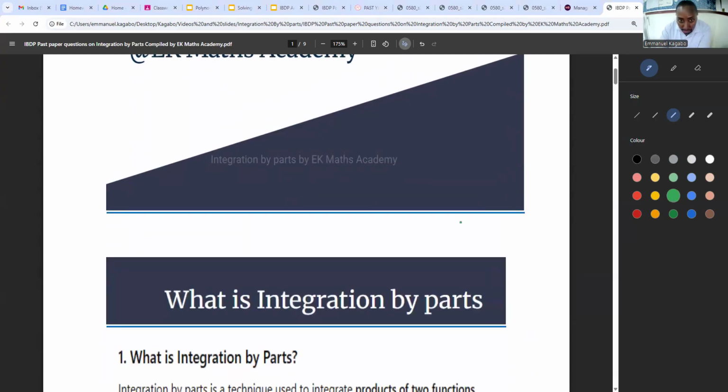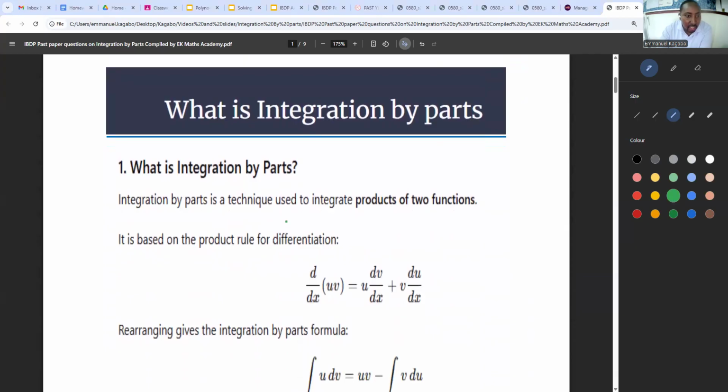Now, for integration by parts, first of all, what is it? It's a technique used whenever we are integrating and we are dealing with the product of two functions. For instance, you are integrating x sin x dx. If that's the question you're dealing with, how do you proceed?